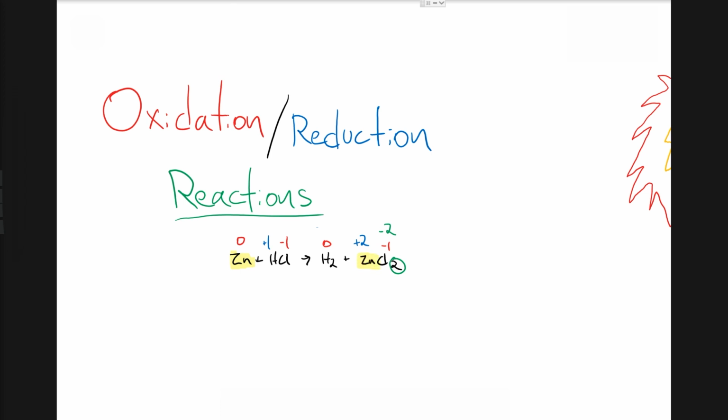So it's safe to say that zinc, having lost electrons because we went from 0 up to +2. Now remember, if the charge goes up, then you're losing electrons because electrons have a negative charge. So losing that negative charge will make you more positive. Okay, so zinc was oxidized.